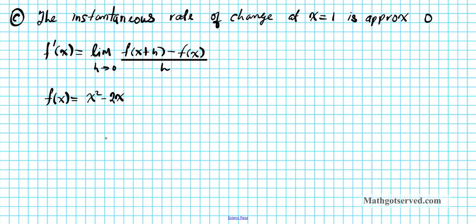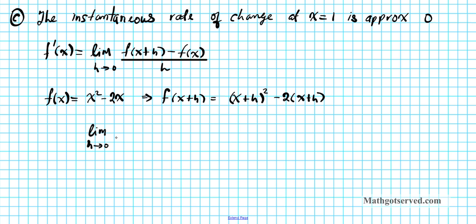So this limit is going to become the limit as h approaches 0 of f of x plus h, and since f of x is x squared minus 2x, it follows that f of x plus h is going to be x plus h squared, right, minus 2 times x plus h. Because f of x plus h involves replacing the x's with x plus h. Okay?